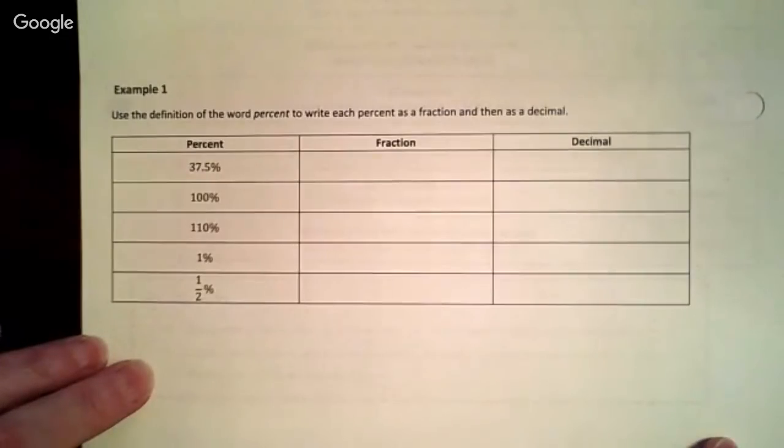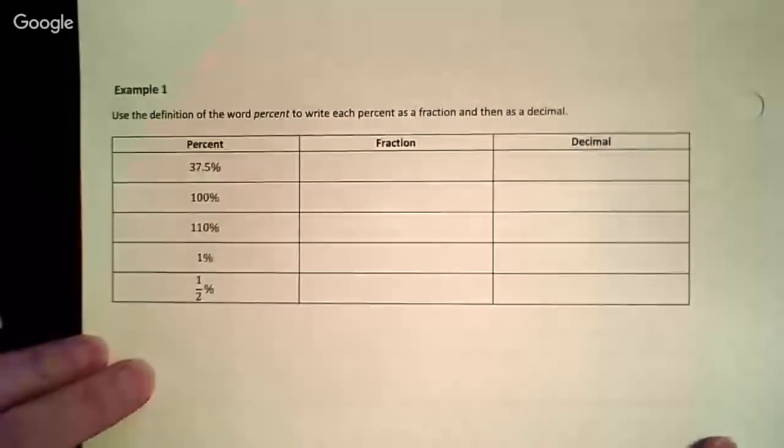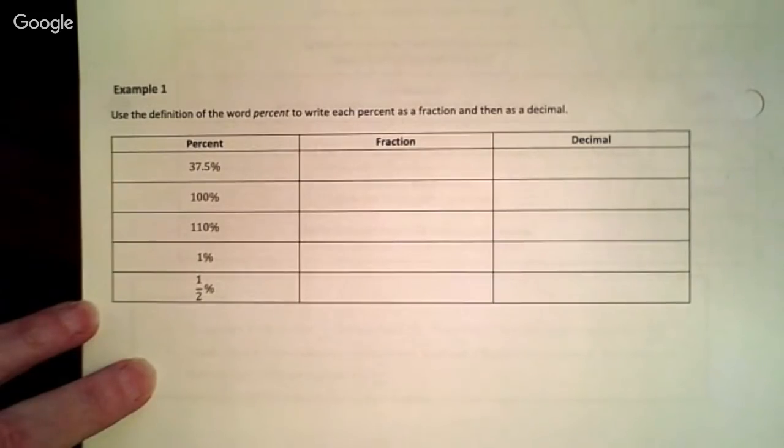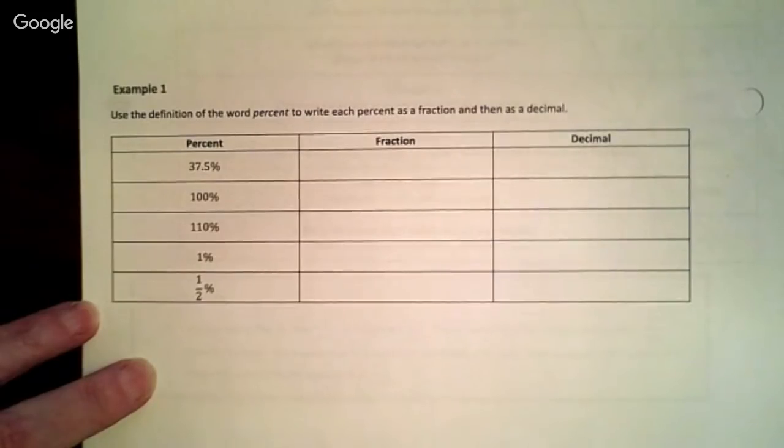To change a decimal to a percent, you move the decimal point 2 places to the right and add the percent sign, and that you should have in your notes, and you write it in the very first page.